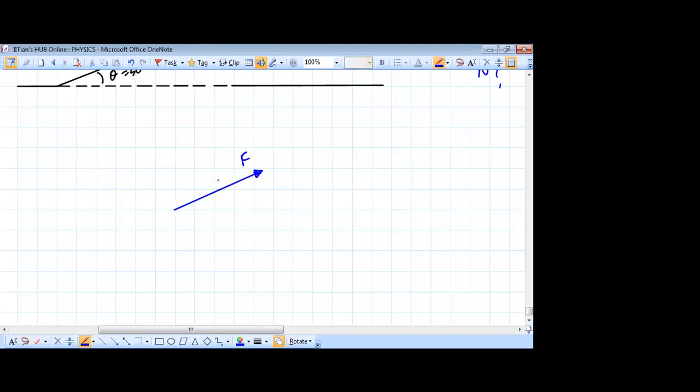This force is 20 newtons in magnitude, and of course I have normal reaction the way we had earlier.